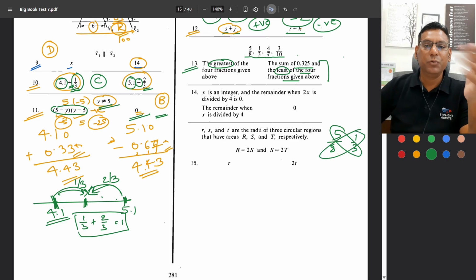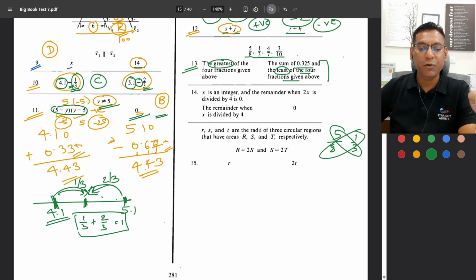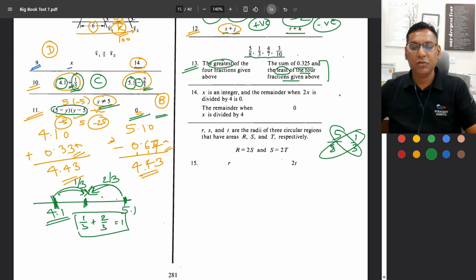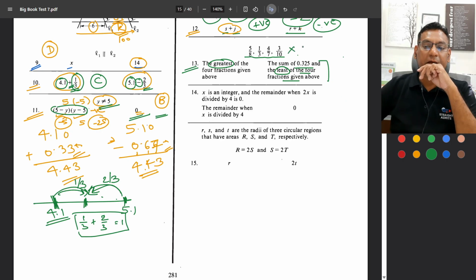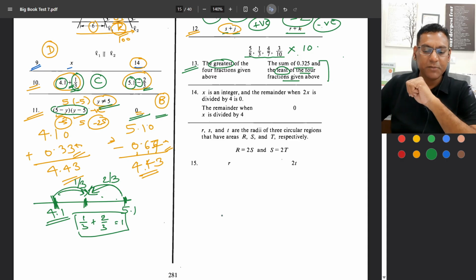But here I'll have to do so many cross multiplications. I anyway want to find out the greatest and the least, so I'll have to compare all four together. So the easy way is, I'll multiply every fraction by 10, so that they still remain fractions, but the calculation is easy.